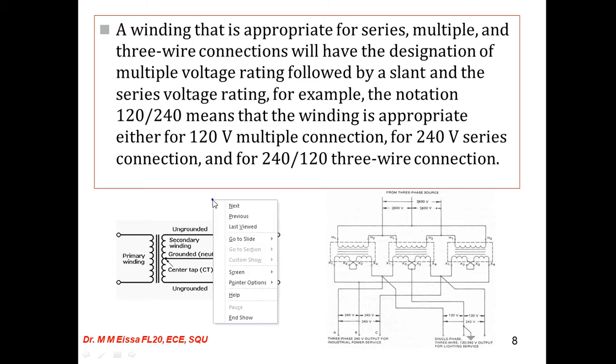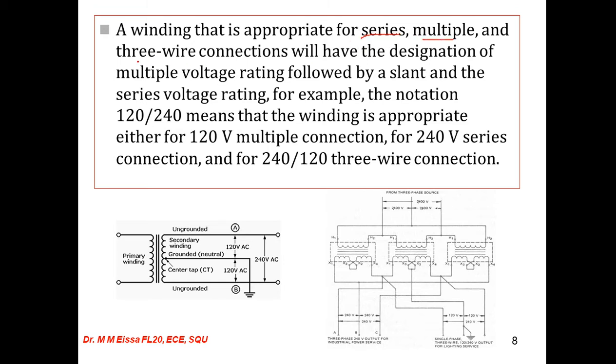Here is more explanation about what we mentioned before. A winding that is appropriate for a series, multiple, and three wire connection will have the designation of the multiple voltage rating followed by a slant and the series voltage rating.